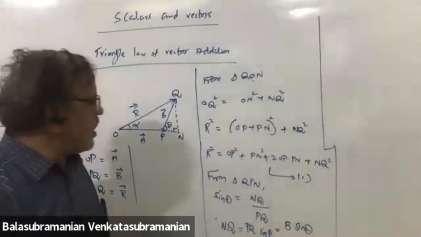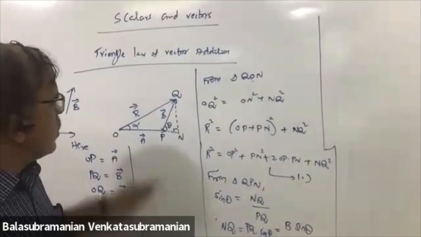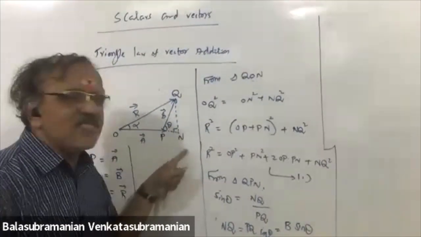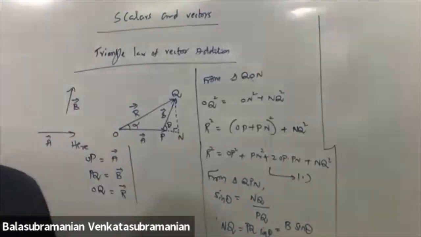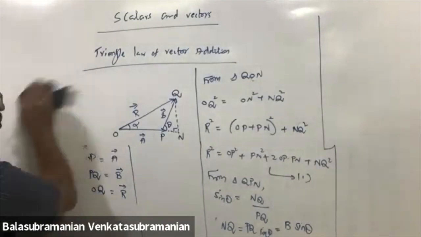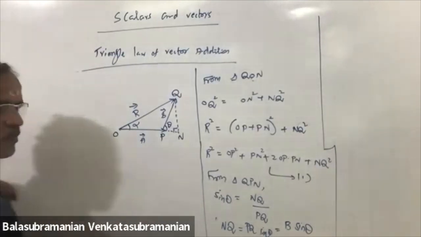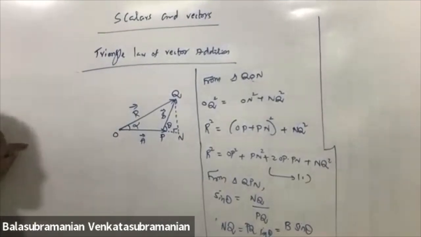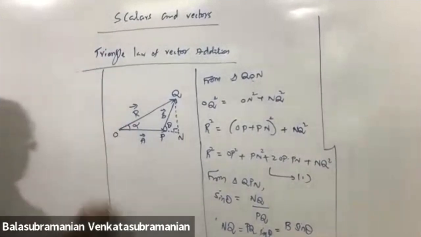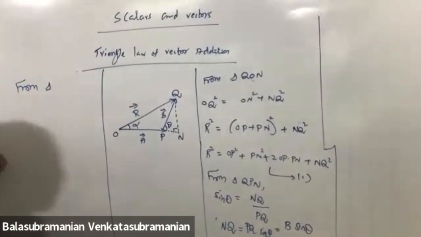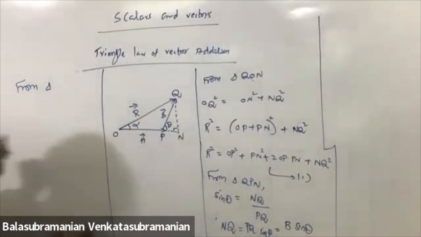Okay, next we have to calculate PN. This PN is the adjacent side for this theta, from triangle OPN.